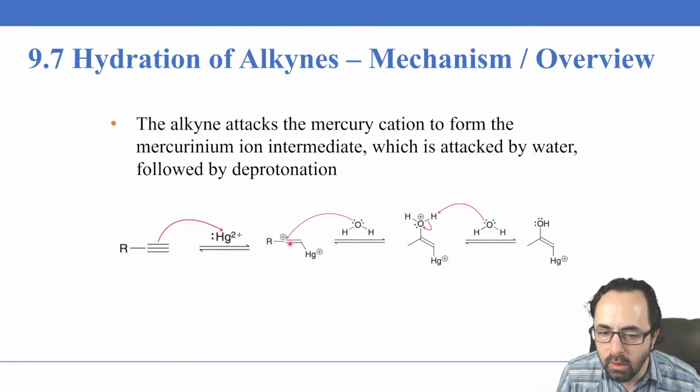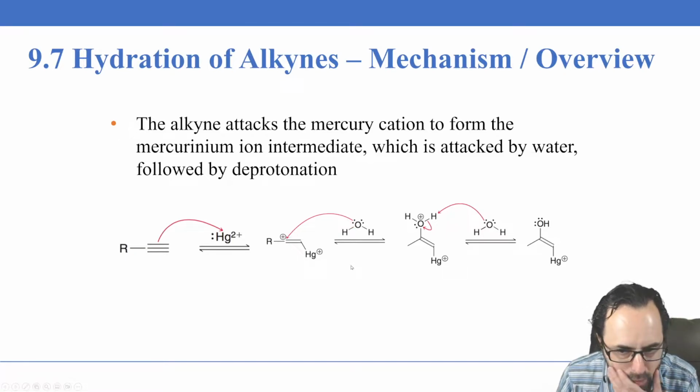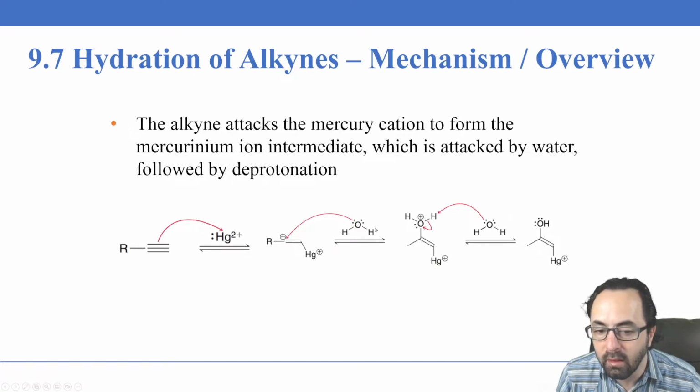Then the water will attack where that positive formal charge is, a nucleophilic attack from these lone pairs onto this positive area here. Since this is a neutral nucleophile, we end up with this positive formal charge because this oxygen is making 3 bonds and has 1 lone pair.